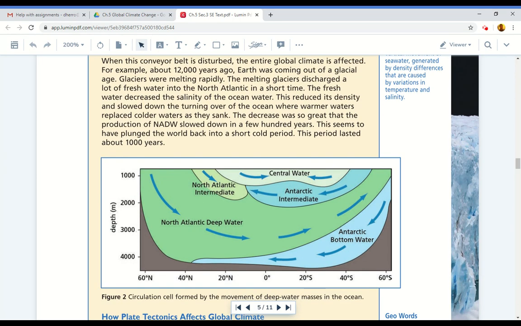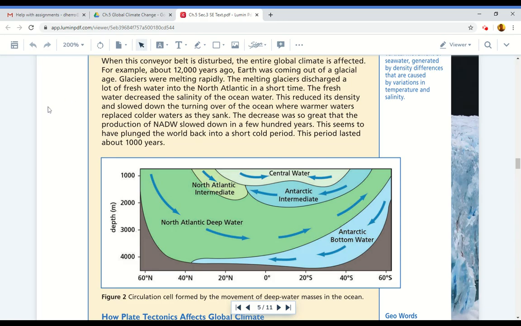For example, about 12,000 years ago, Earth was coming out of a glacial age. Glaciers were melting rapidly. The melting glaciers discharged a lot of fresh water into the North Atlantic in a short time. The fresh water decreased the salinity of the ocean water.